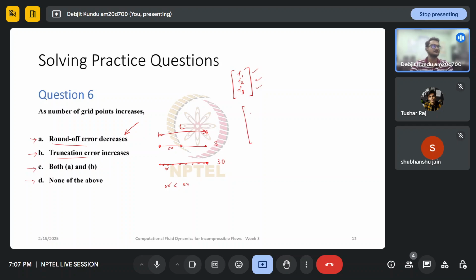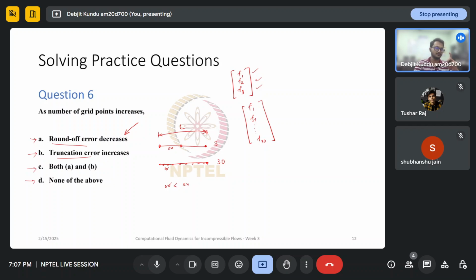Now, once it becomes 30, F30, I'm introducing this round-off error 30 times because there are 30 different variables which are stored in a computer, and all of them have some round-off error associated with it because the memory of the computer is limited.